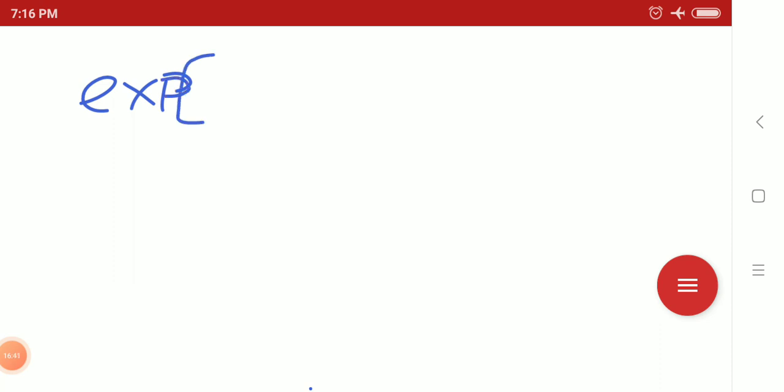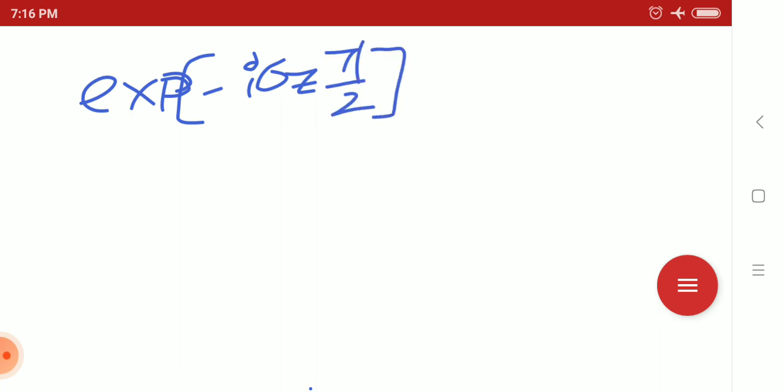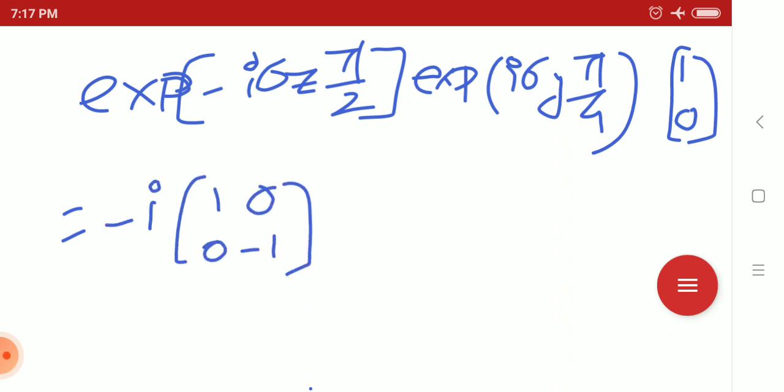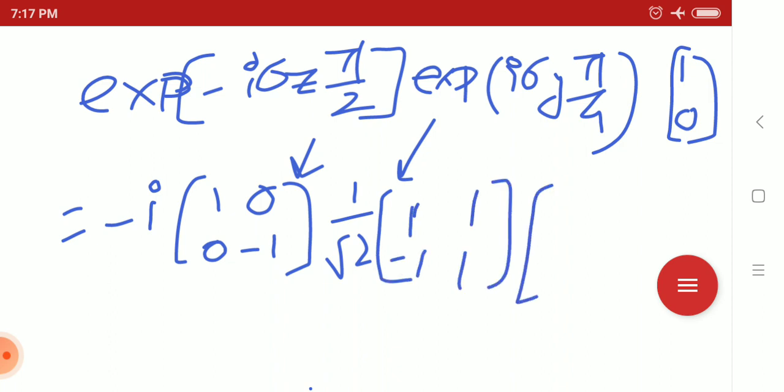See very concentratedly, exponential of −iσ_z π/2 into exponential of iσ_y π/4 on [1, 0]. What we got from calculation 2 is −i [1, 0; 0, −1]; this operator has given this, into what we got from this, 1/√2 [1, 1; −1, 1], on [1, 0].